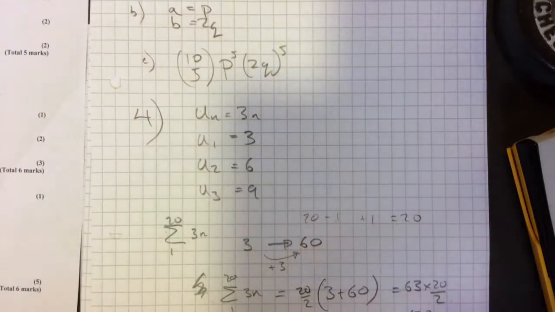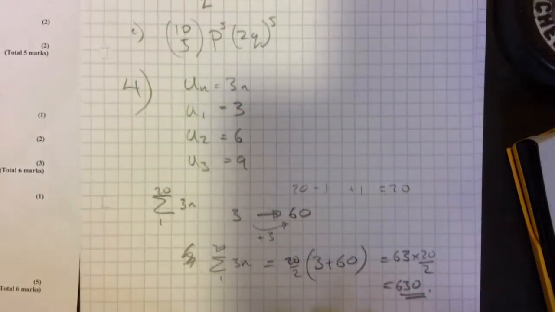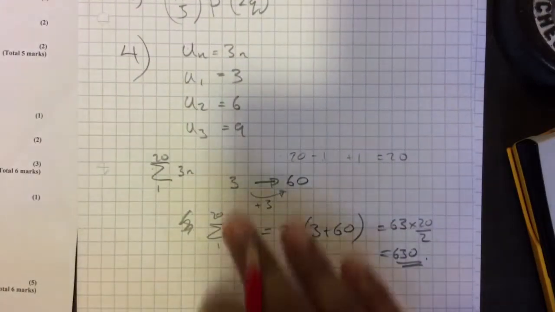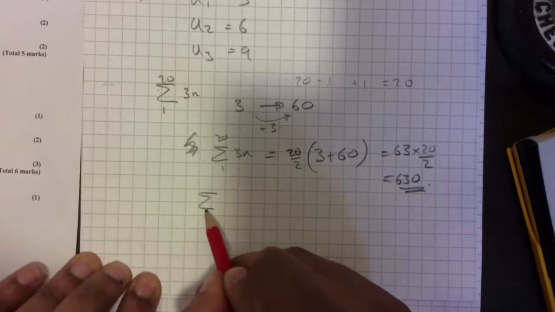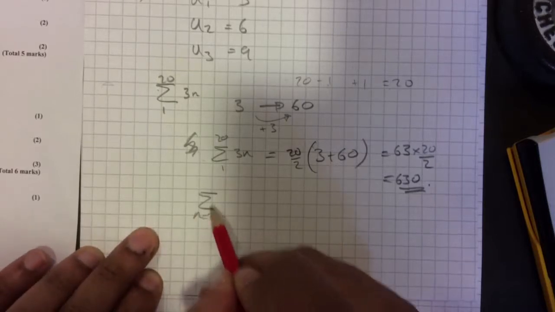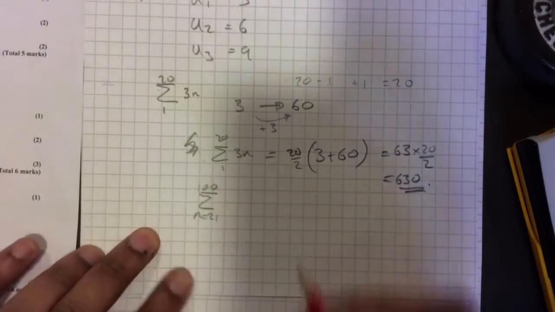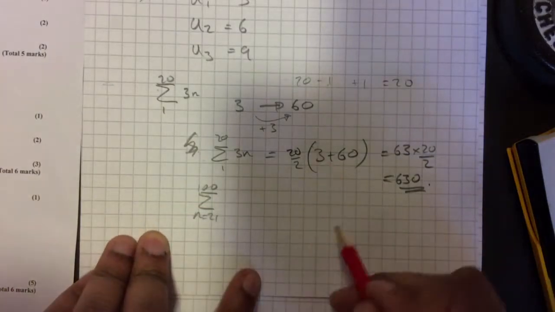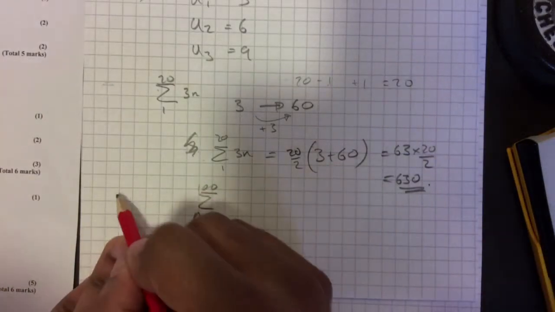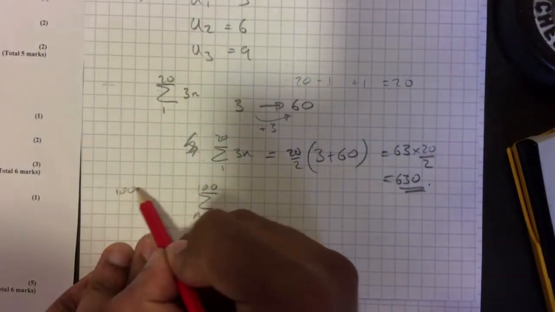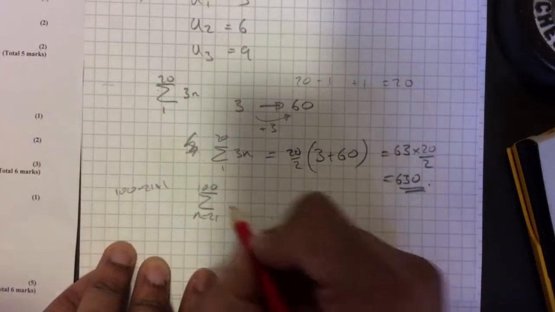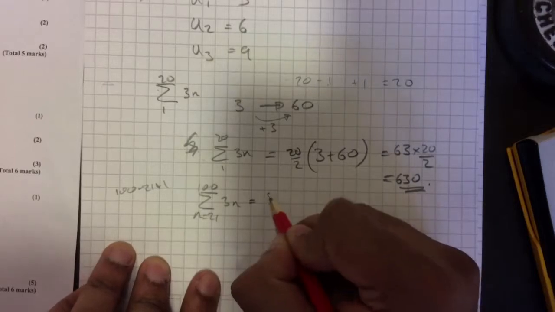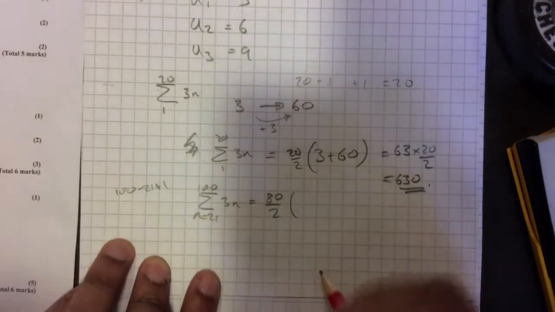Now, the next part of the question, oh, that's gone off the screen, there it is. The next part of the question is saying the sum from n equals 21 to 100. So now the trick is work out how many terms we've got. We've got 100 minus 21 plus 1, which is 80 terms. So the sum of 3n equals 80 over 2.